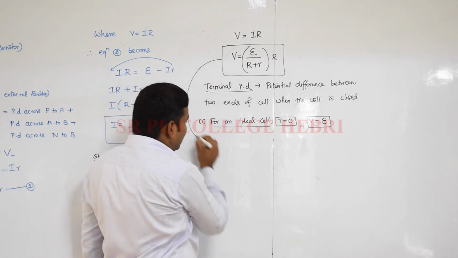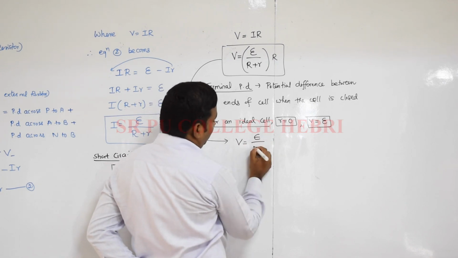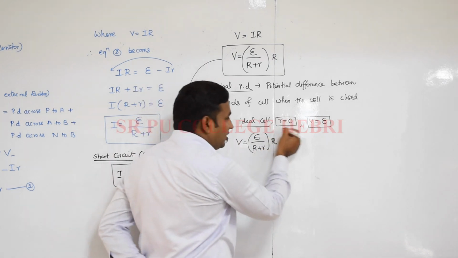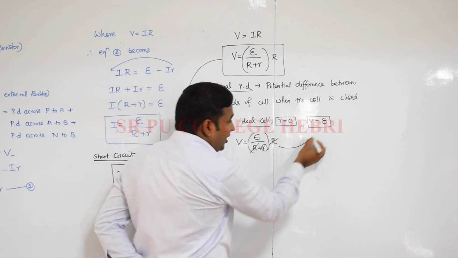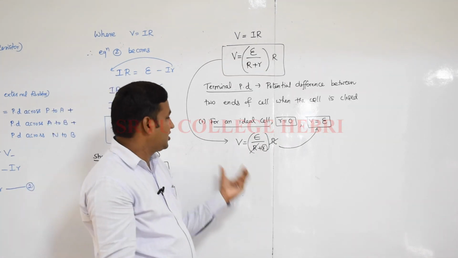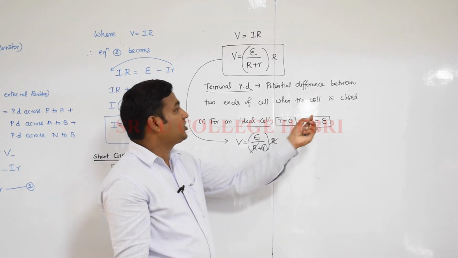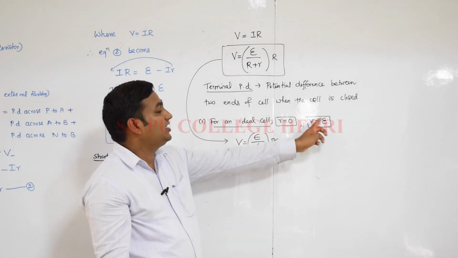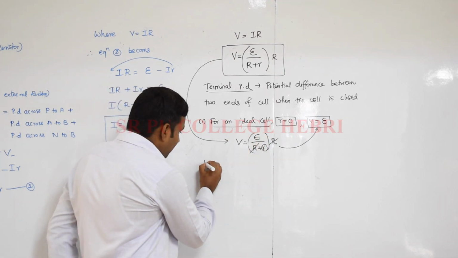By using this formula, V is equal to EMF divided by R plus small r, into R. For an ideal cell, internal resistance is equal to 0, so the terms cancel and we get V is equal to E. So for an ideal cell, the potential difference between two ends or terminals or electrodes is V equal to EMF itself.